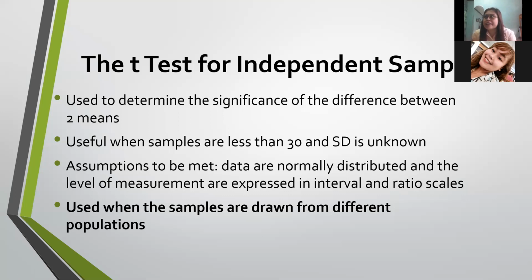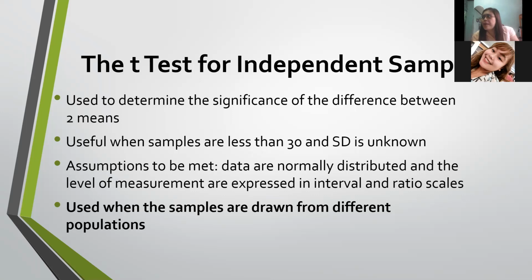So do not forget, class, that when you say t-test for independent samples, or we call this unpaired t-test, we use this to analyze our data wherein we have two groups and we want to test if there is a significant difference.